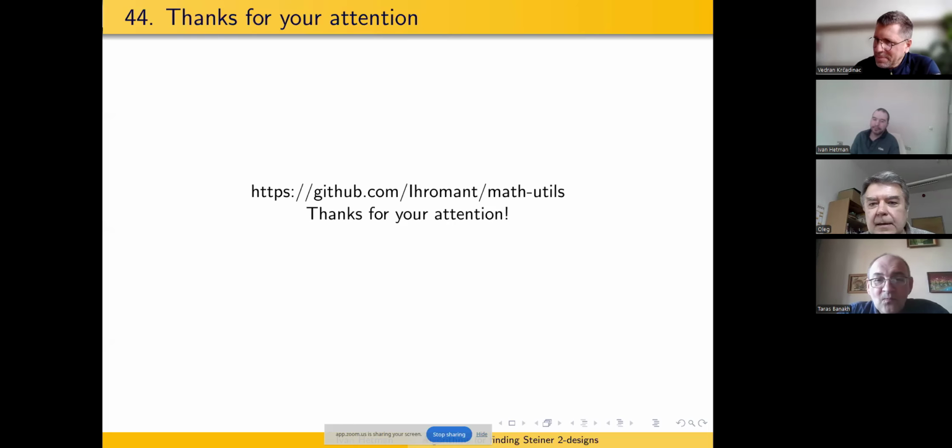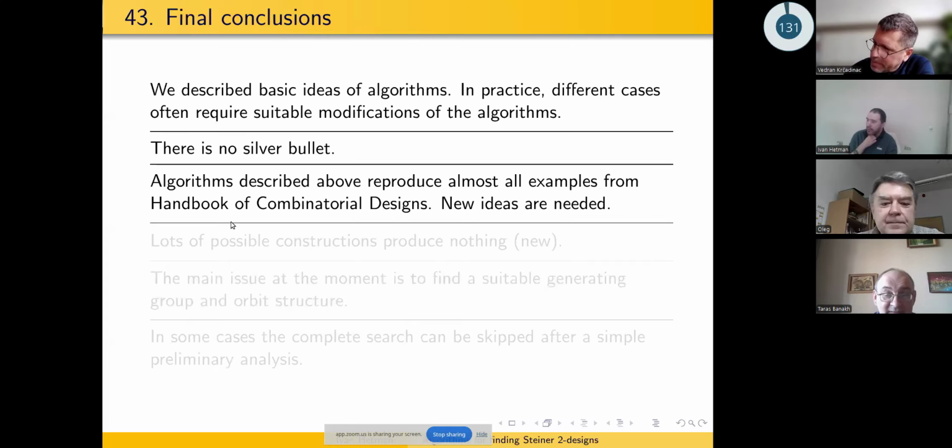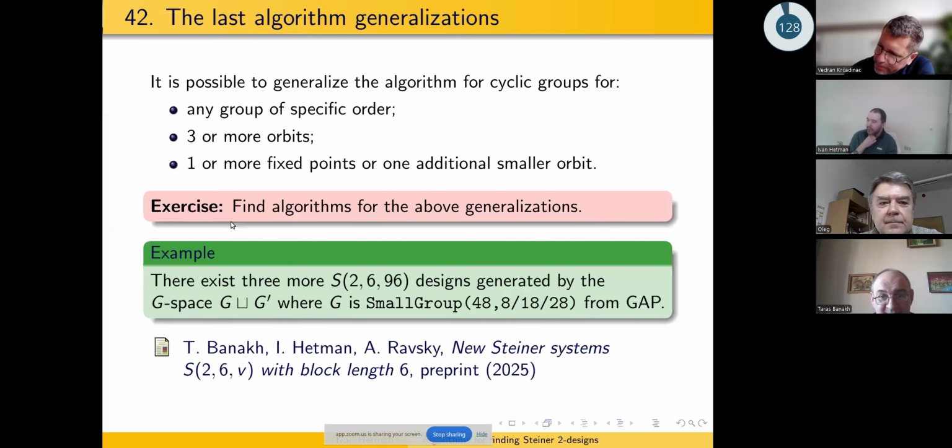Okay. Another question: if for new parameters you construct a Steiner design, is it typically unique or are there many? It depends. Not isomorphic, I mean non-isomorphic. Yes, I understand. With these constructions, for instance, here you can see that for each group there is exactly one design. But when we are talking about their presentation as difference families, usually the number of difference families is large.